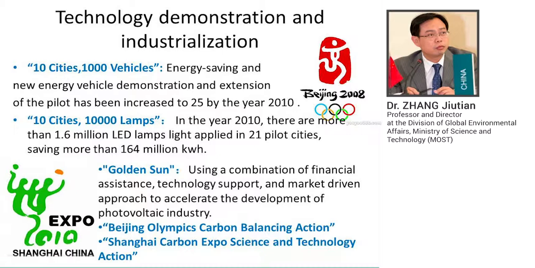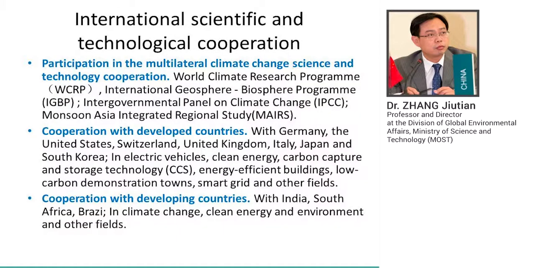And international cooperation is also very important. There are three categories in multilateral cooperation. China joined various organizations and programs. We have cooperation with developed countries in various sections, as well as with developing countries.